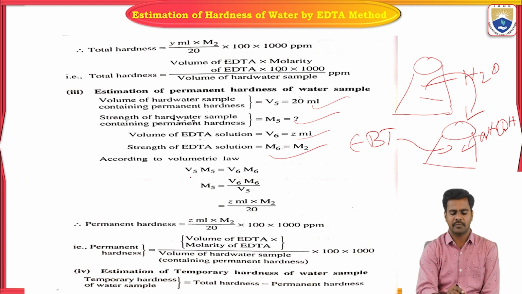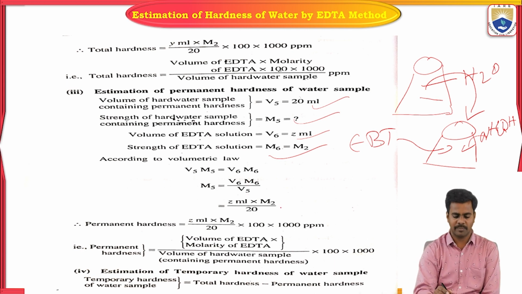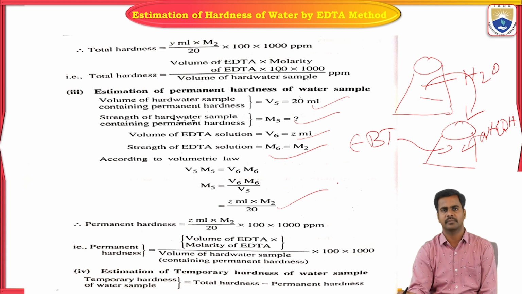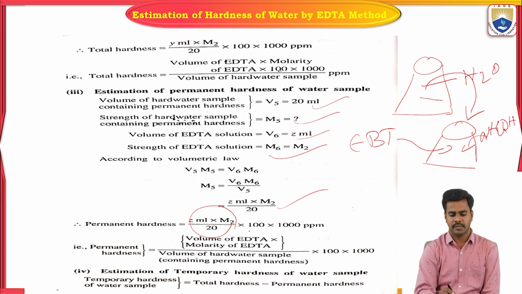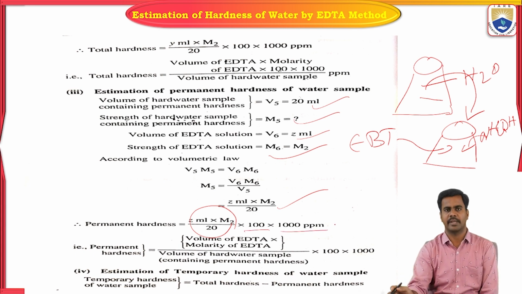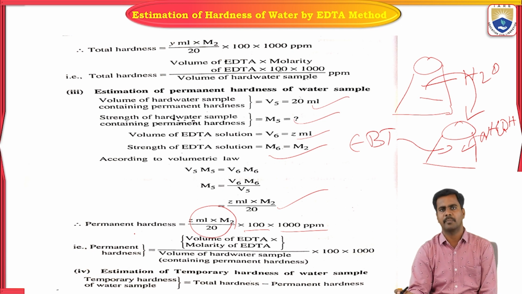By using the formula V5 M5 is equal to V6 M6, M5 is equal to V6 M6 by V5, that is equal to Z ml into M2 by 20. So permanent hardness is equal to Z ml into M2 by 20 into 100 into 1000 ppm. In this way we can estimate the permanent hardness of water.